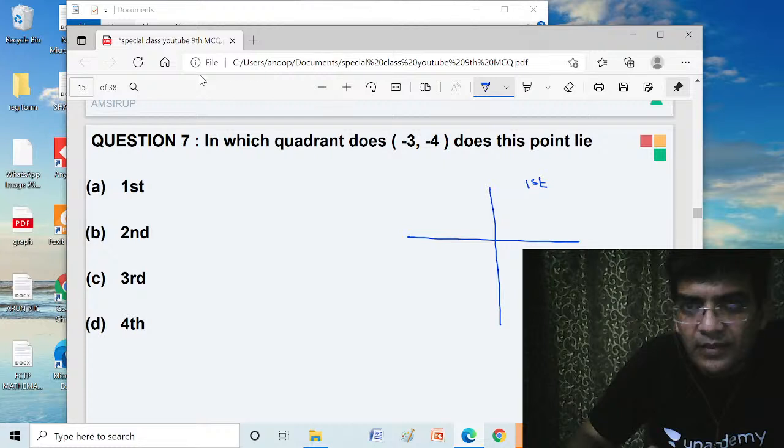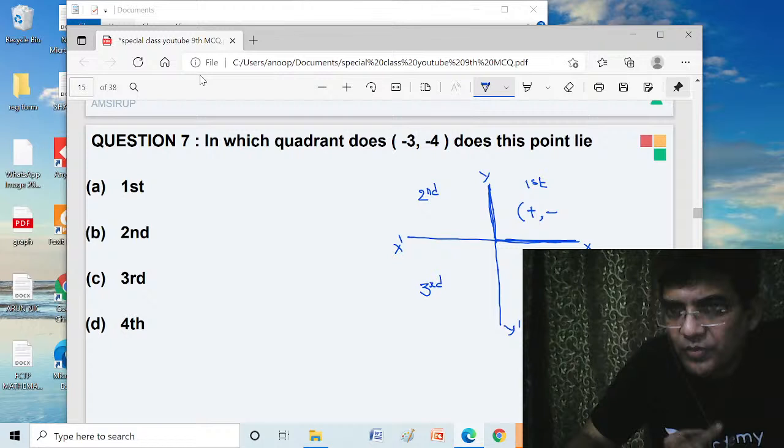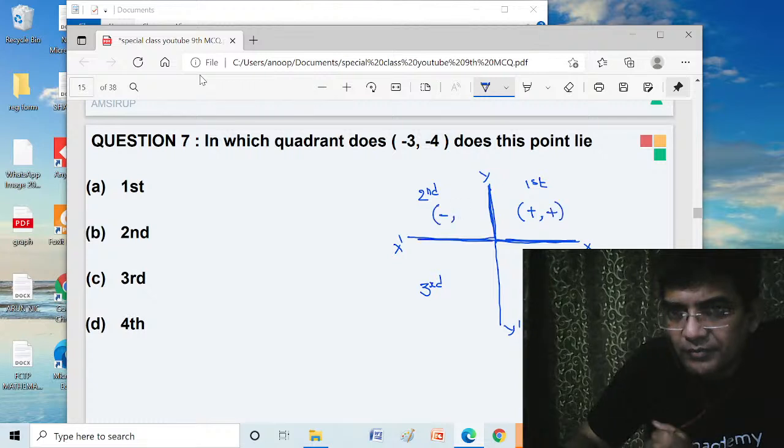So any point having both coordinates positive will lie in the first quadrant. The second quadrant is made up of x negative and y positive, so any point having the x coordinate negative and y coordinate positive lies in the second quadrant.